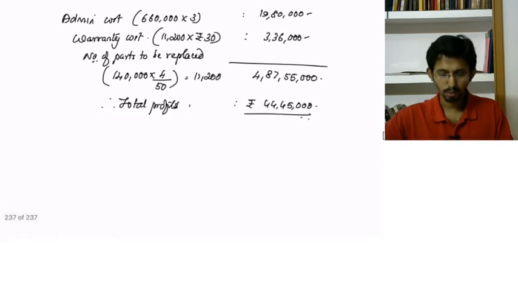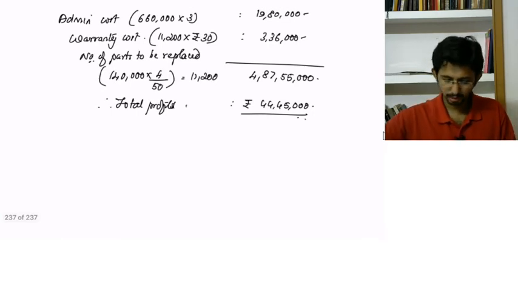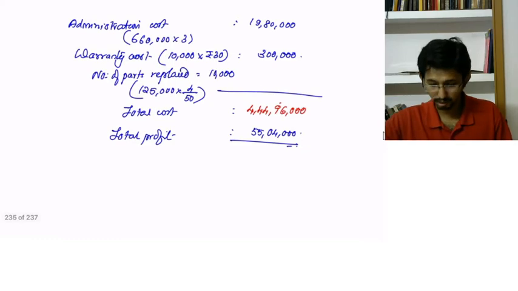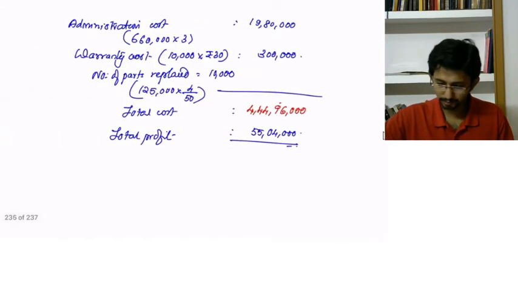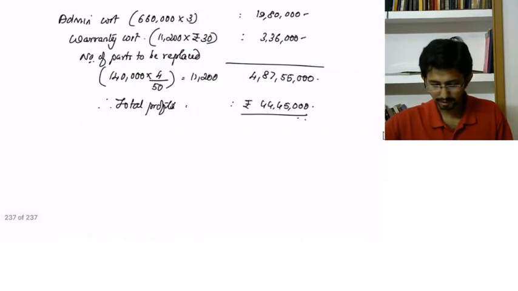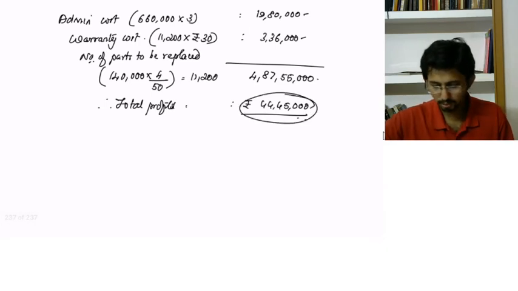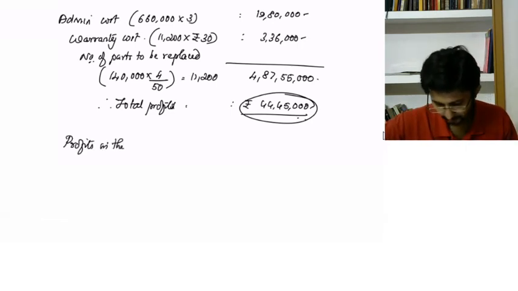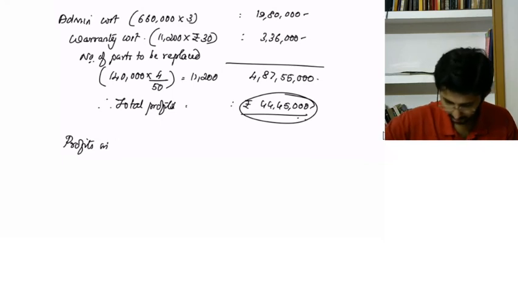Okay, so what will happen to the profits? In the first case, the profit was 55 lakh 04,000. Whereas in the revised scenario, it is coming down to 44 lakh 45,000. So you can write profits before price reduction.